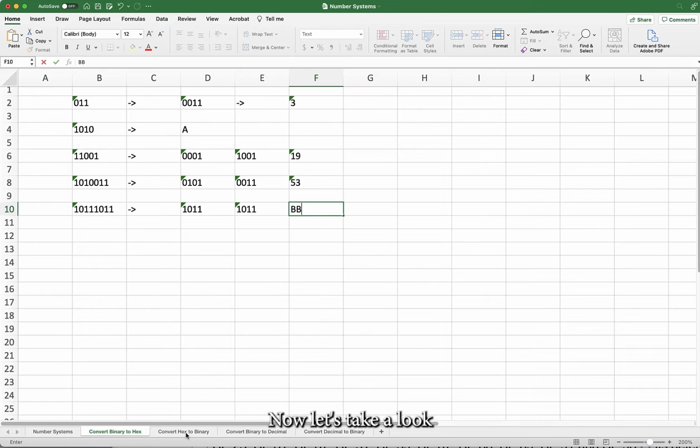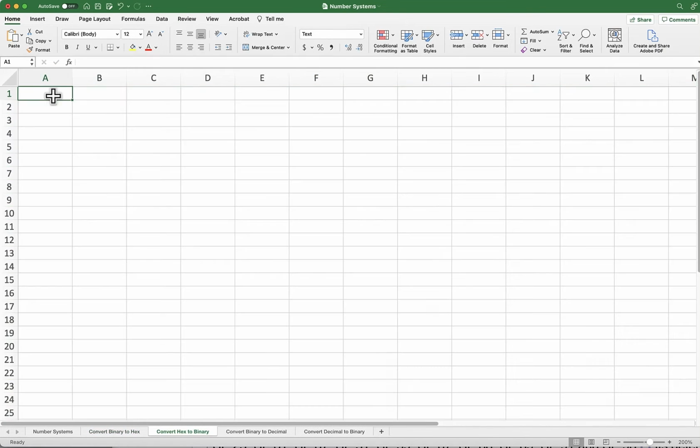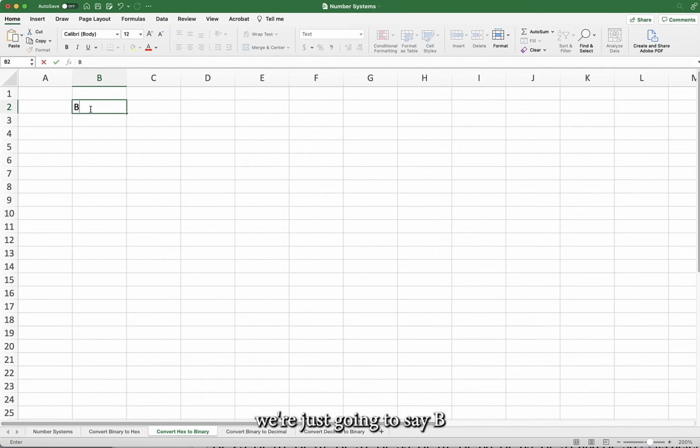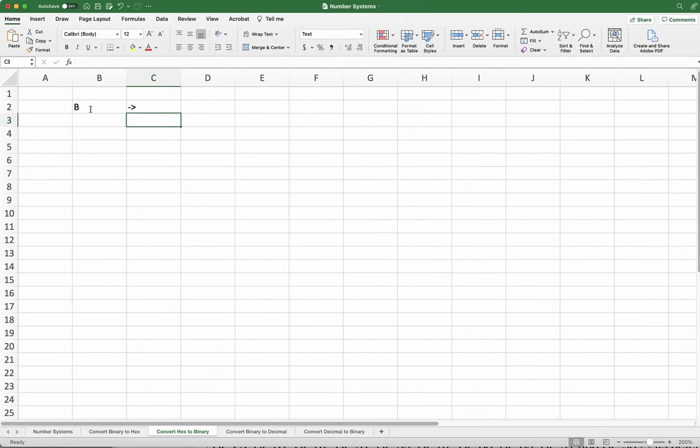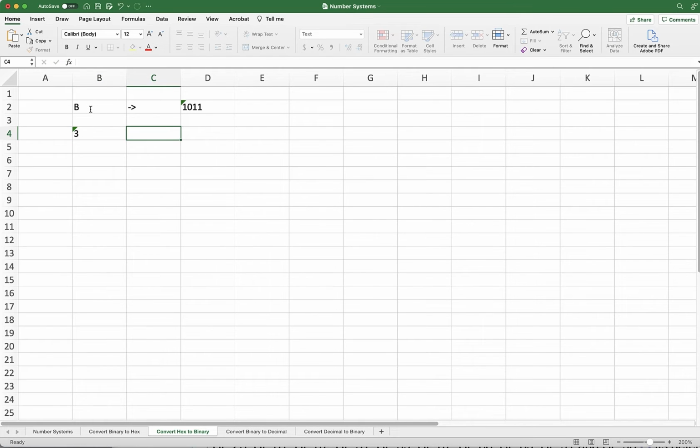Now let's take a look at converting hex to binary. So starting off easy, we're just going to say B. And B becomes 1011. Now you're probably asking what happens if it was a 3.